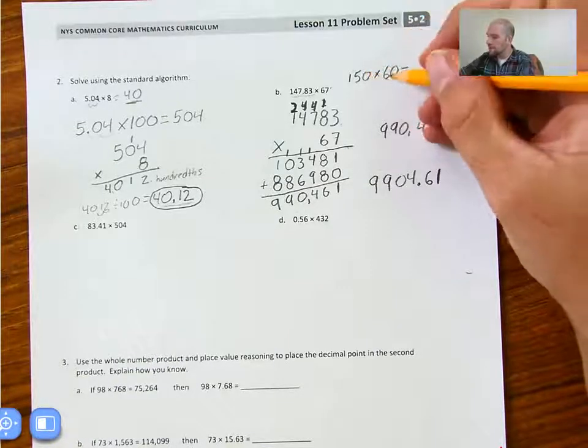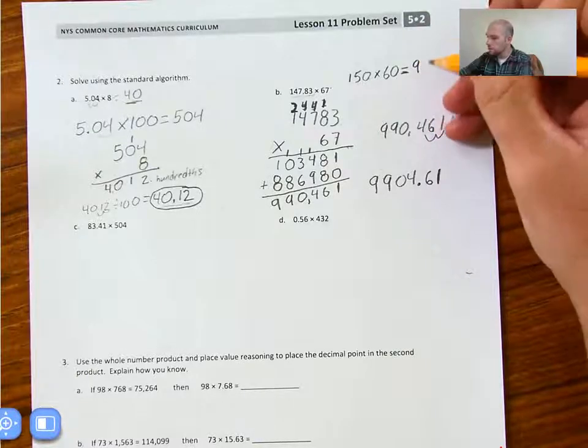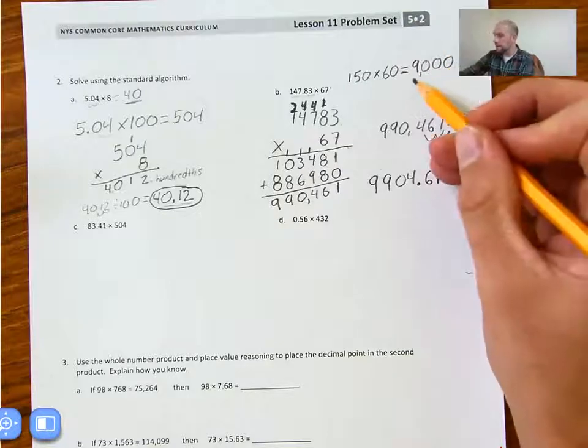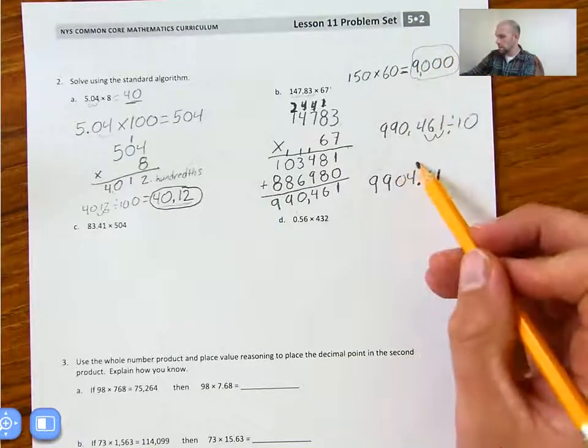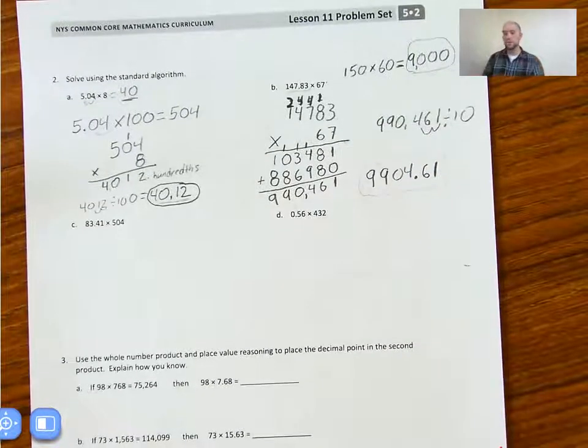And then I'm going to add my 2 zeros on. And I get 9,000. And 9,000 is pretty close to 9,904 and 61 hundredths. So I know that my decimal point is in the right place.